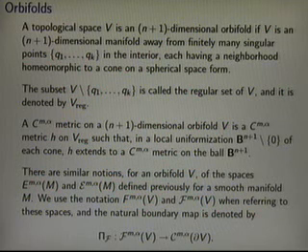So let me talk a little bit about orbifolds. My orbifolds are going to be very simple. They are not the most general kinds of orbifolds. So for me, an orbifold is just a space that, except for finitely many points, is a manifold. But you have some singular points where the space is not a manifold, but it's still very simple.